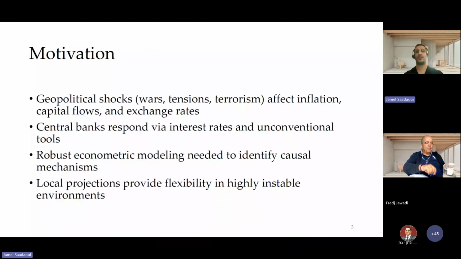So the motivation, of course, first, geopolitical risk shocks, like wars, tension, terrorism, conflict, are not strictly speaking economics, but they affect economic variables like inflation, capital flows, and exchange rates. This is something that has become increasingly apparent in the world economy after the global financial crisis in 2008, with an increase in geopolitical tension.